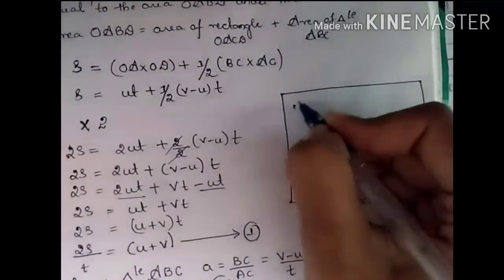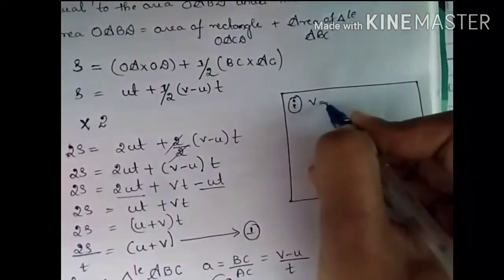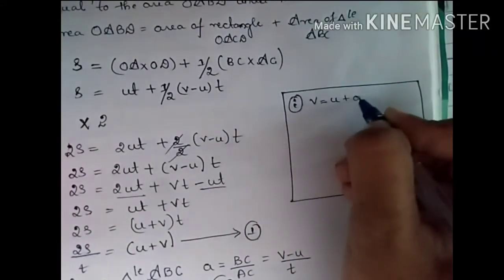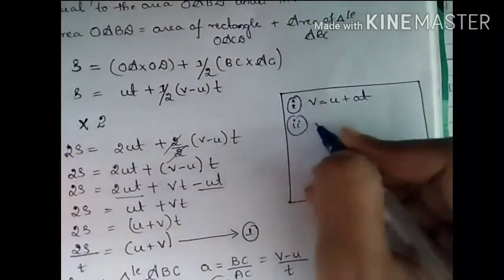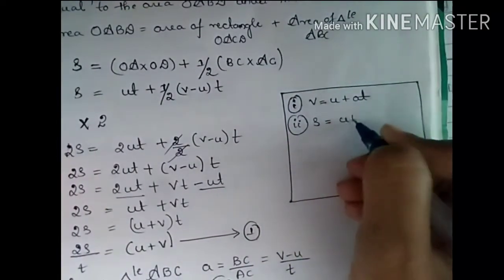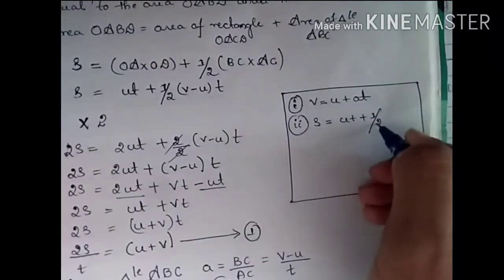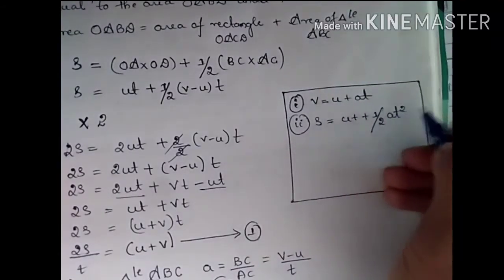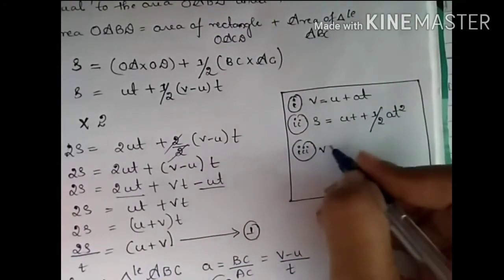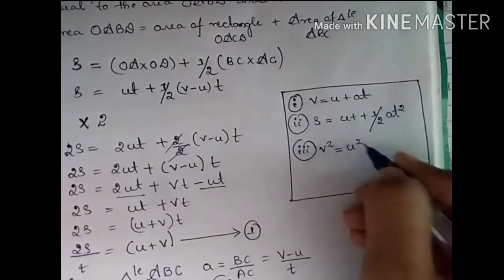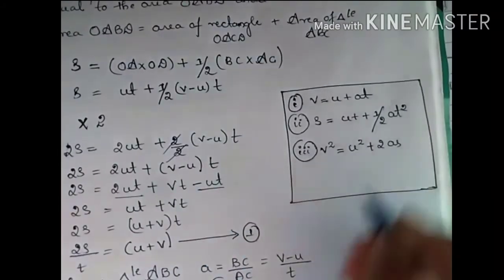What are they? The first one was v is equal to u plus at. The second one was s is equal to ut plus half at square, and the third was v square is equal to u square plus 2as.